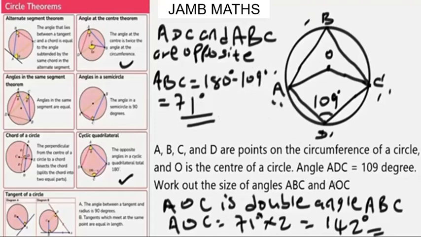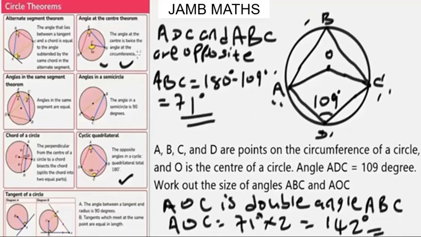The next question says AOC. Now, since angle ABC, which we just found, and angle AOC both come from a chord AC, we have to make use of this rule now, which states that the angle at the center is twice the angle at the circumference. That's the angle at the center theorem.